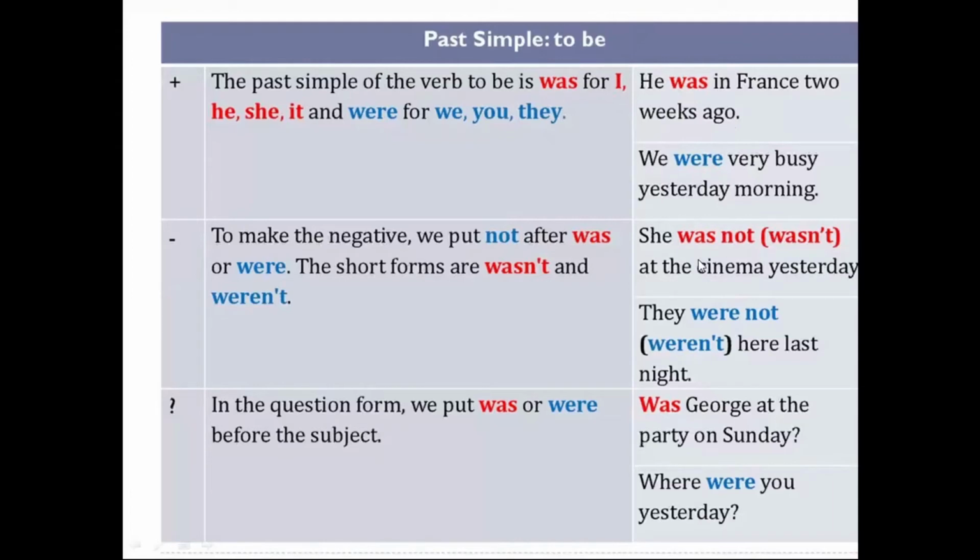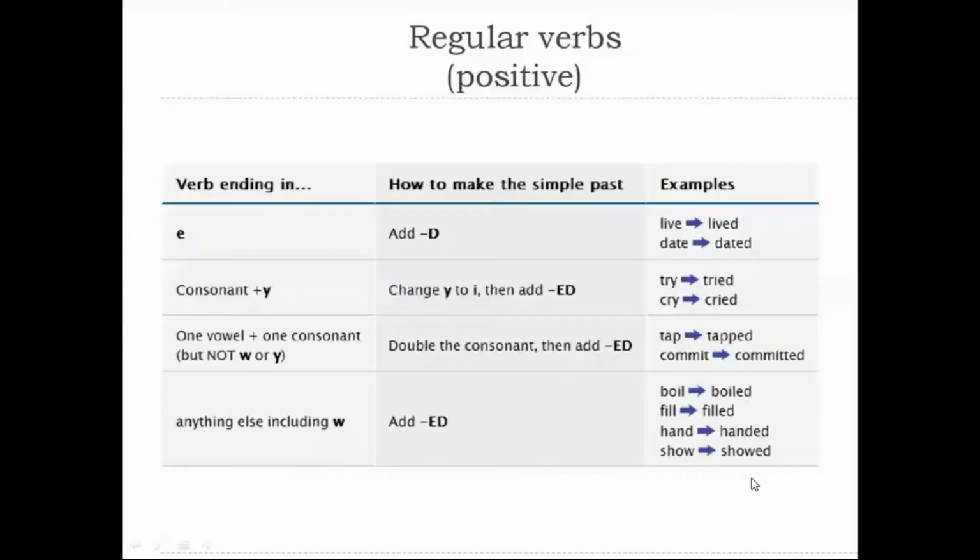She wasn't at the cinema yesterday. They were not here last night. They weren't here last night. Was George at the party on Sunday? Where were you yesterday? It's interrogative form. So let's continue.